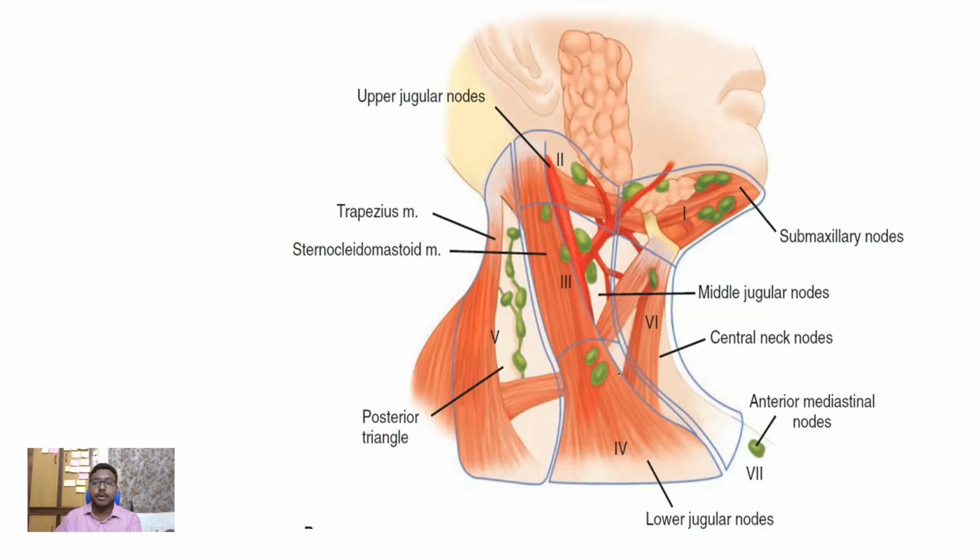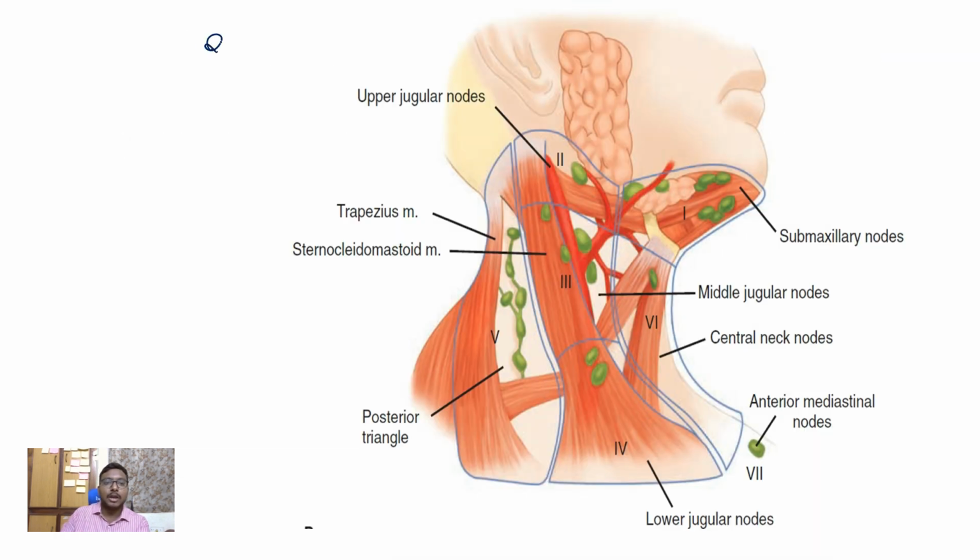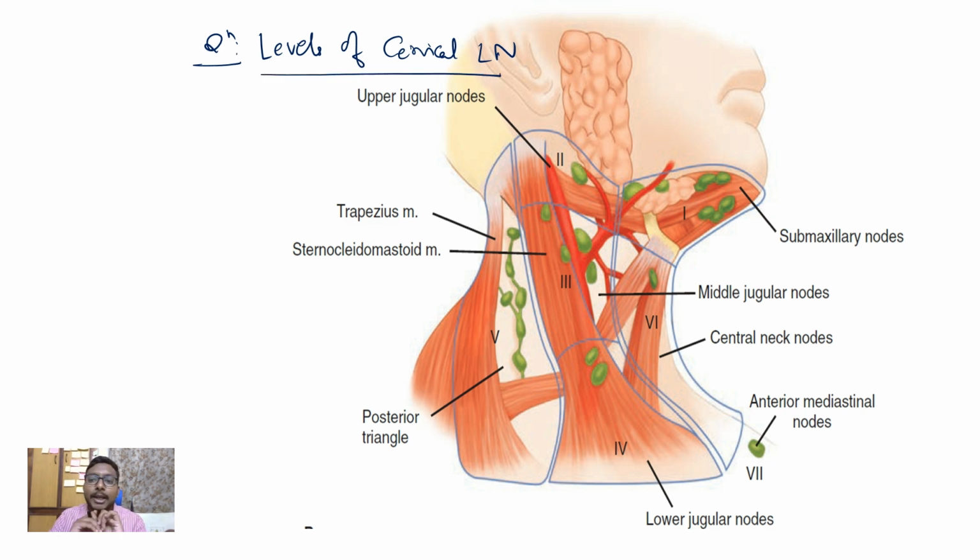Right. Next. One important question the examiner can ask you is, what are the different levels of cervical lymph nodes? You can see here, 1A is submental, 1B is submandibular. Submandibular is also called submaxillary.